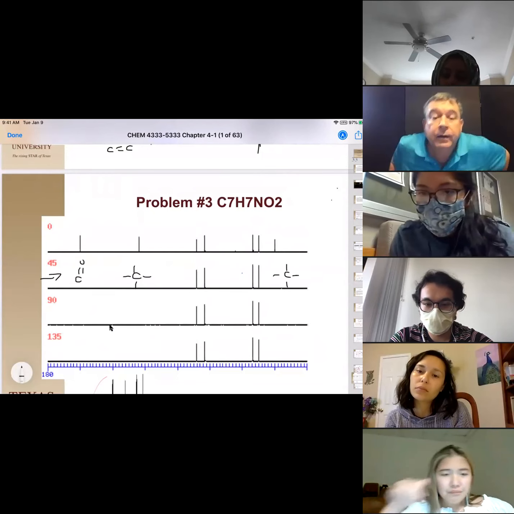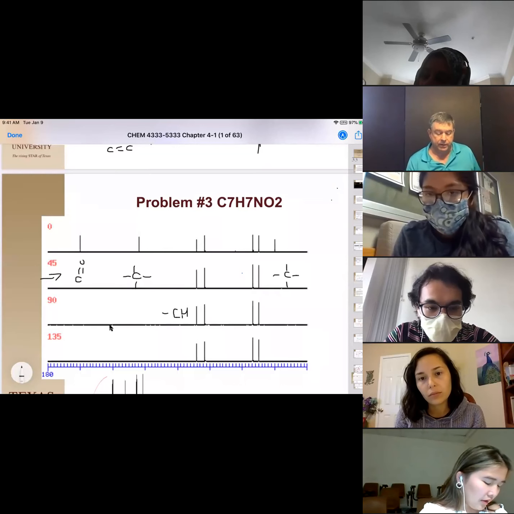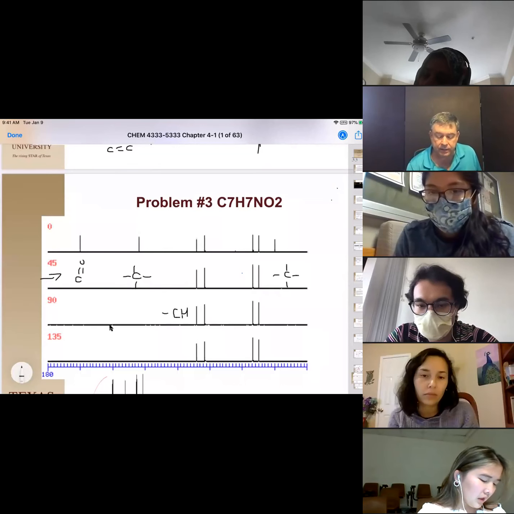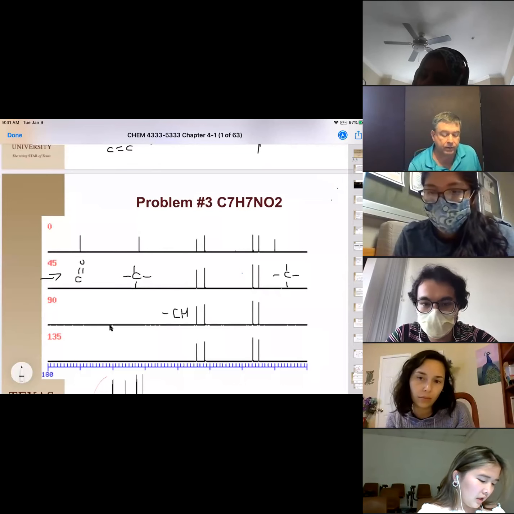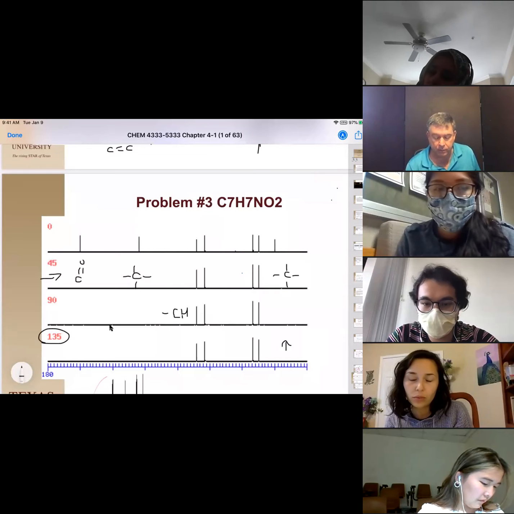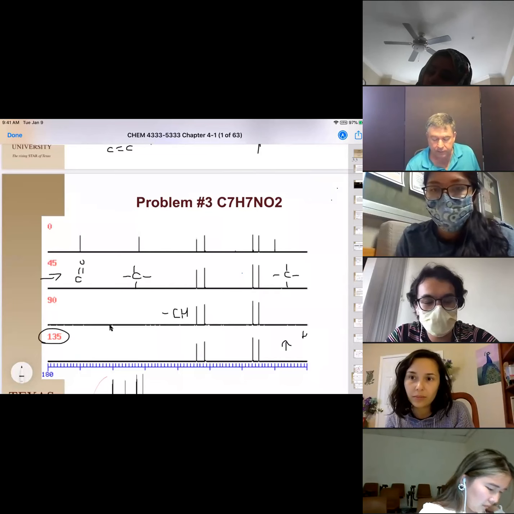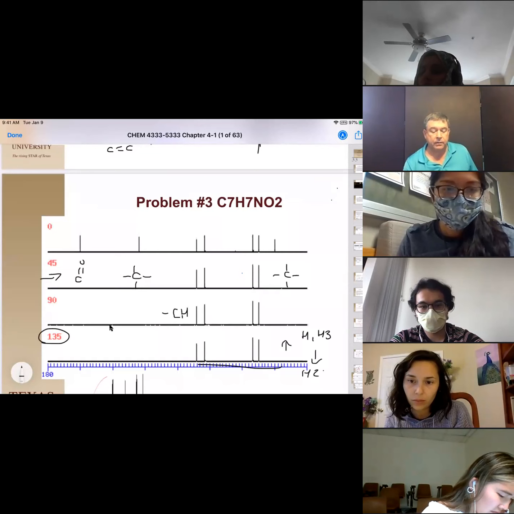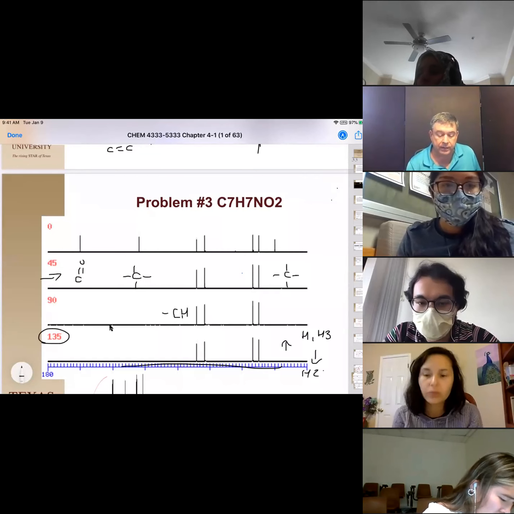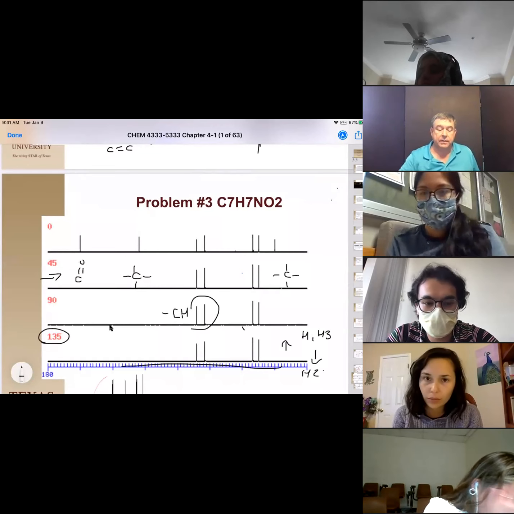Okay, so these are carbons with at least one hydrogen on them, and only one hydrogen on them. And notice that this is our 135, where our CH and CH3 are up, and our CH2s are down. We have no down peaks at all. So these are probably the benzenes.